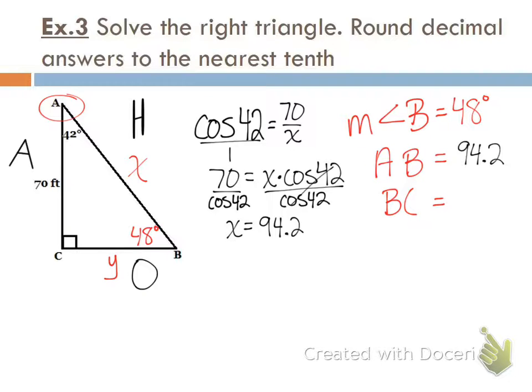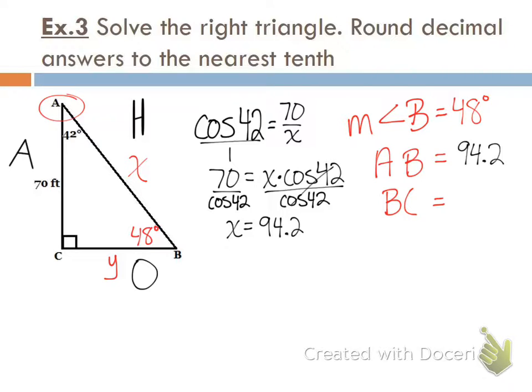So now which trig function is appropriate? Oh, we seem divided. I agree with those of you that are saying tangent. Sine uses the hypotenuse. Yes, we do have a number for the hypotenuse. However, we had to round it. I'm not saying you can't get the correct answer using that.